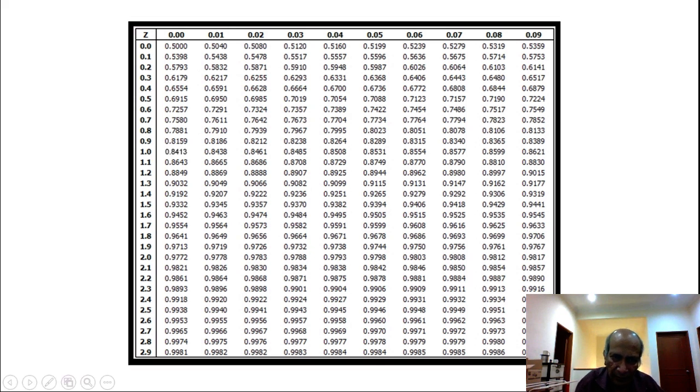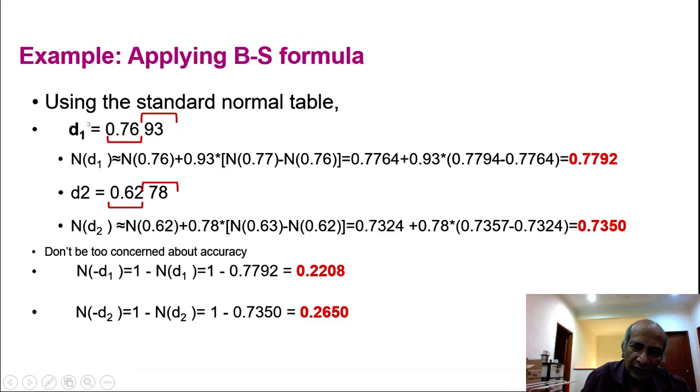Okay, this is the table. We call it the N table. So when you look at this ND1, you got the N of 0.76.